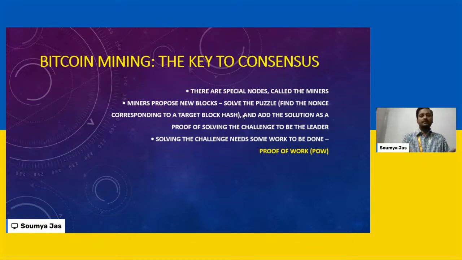Suppose y equals hash of x or nonce, where x is given and nonce n is what we have to find. This is puzzle solving technology, and the proof of work methodology.